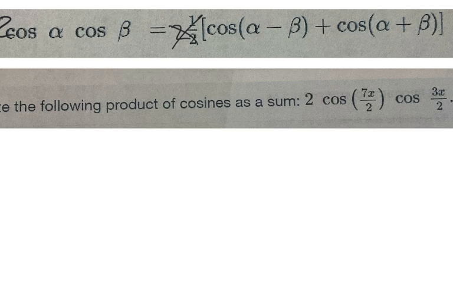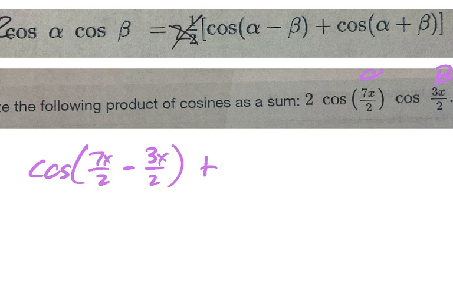Which means I could rewrite this as cosine of, so this is my alpha, this is my beta. So it's cosine of 7x over 2 minus beta, 3x over 2, which is just 4x over 2.